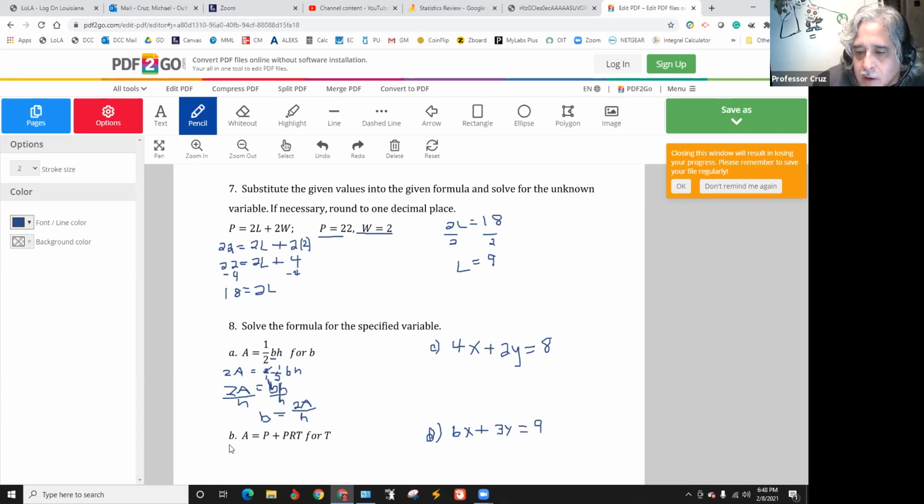All right, so on B, there's an extra step. We're solving for T, which is right here. But before we can deal with that, we got to deal with this thing. So that's just basically going to be A minus P is equal to PRT.